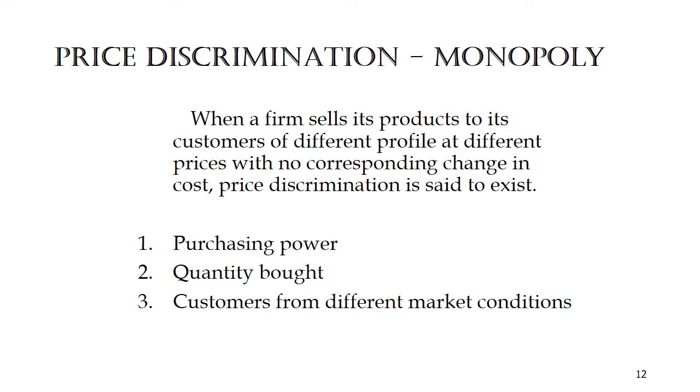According to the quantity bought, they charge different prices. And also customers from different market conditions. It means from different geographical areas, at different distances, they charge different prices. If the distance is higher, they charge a higher price. If the distance is lower, they charge a lower price. So these are the bases they use to discriminate the price they charge.